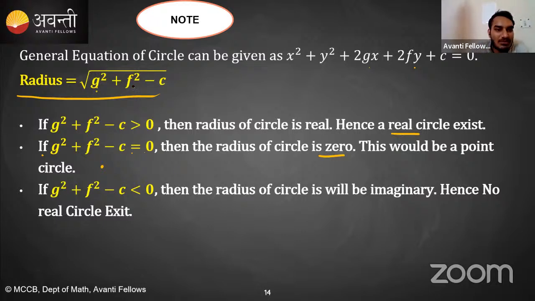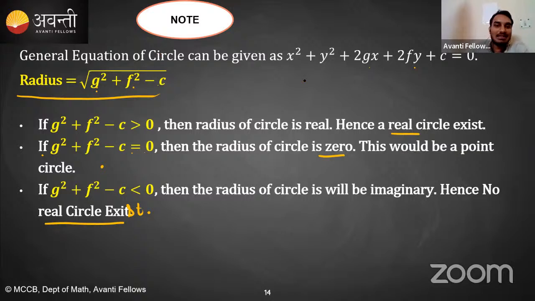Similarly, if g square plus f square minus c is negative, say under root minus 3, minus 5, or minus 7, it means the radius of the circle is imaginary, because the quantity inside the square root cannot be negative. If it is negative, then it is not real, so we say no real circle exists. Is this clear?